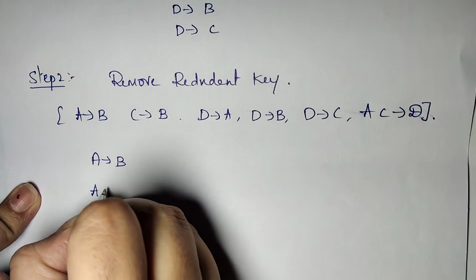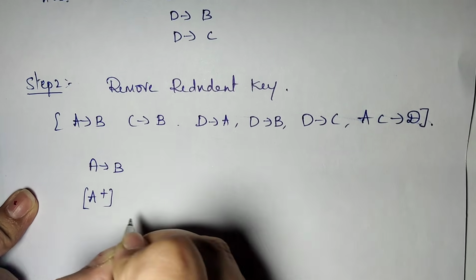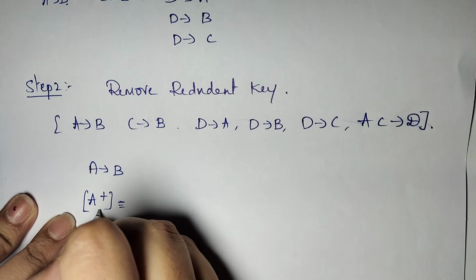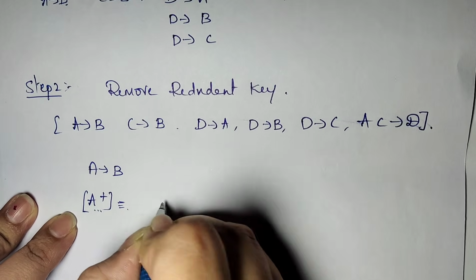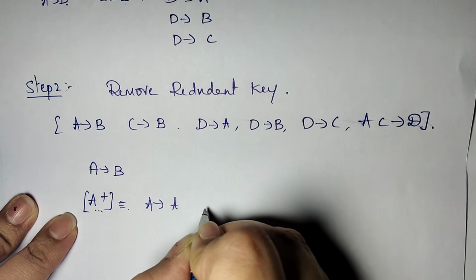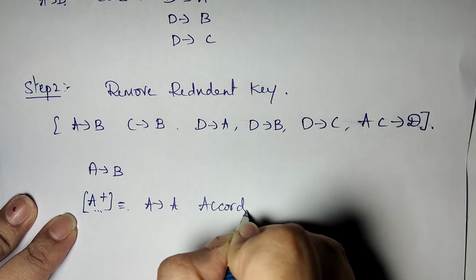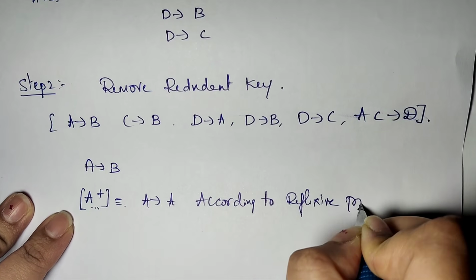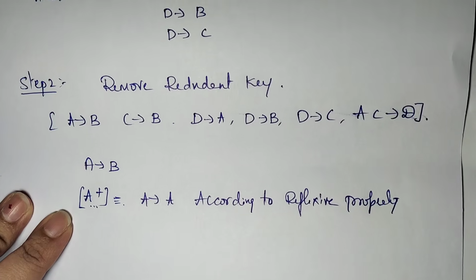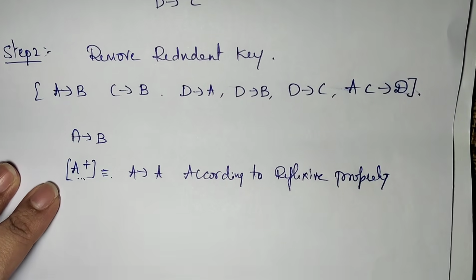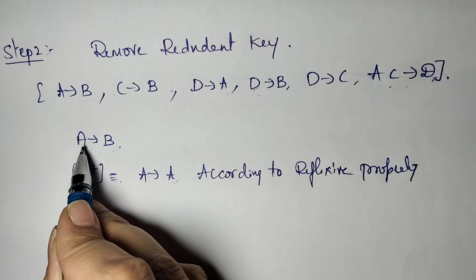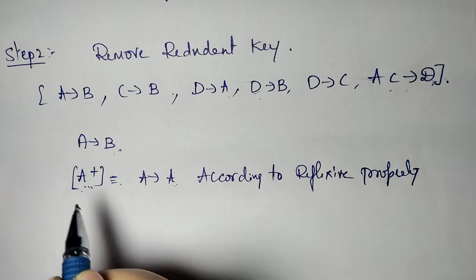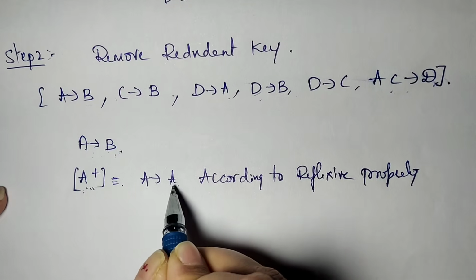According to the reflexive property, A always determines A, so A closure determines A itself.